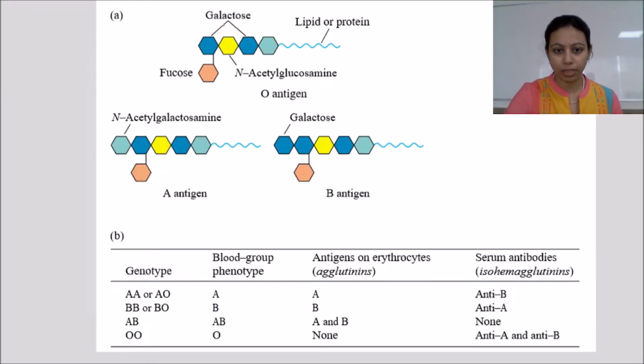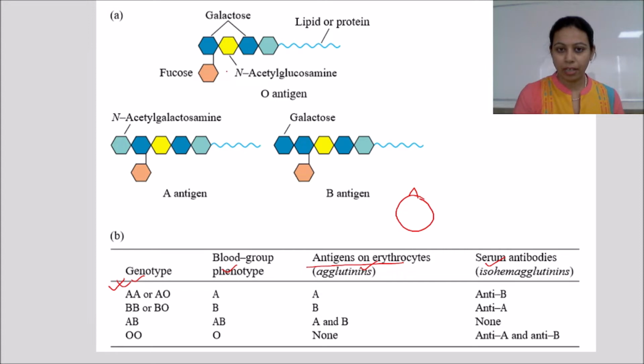Before proceeding, I'm going back to the slide which I explained while discussing ABO blood group typing. In that, there was one column where we discussed the genotype, type of blood group, antigens on erythrocytes, and serum antibody. Antigen on erythrocyte, what does it mean? If this is a cell, then the antigen will be present over the surface.